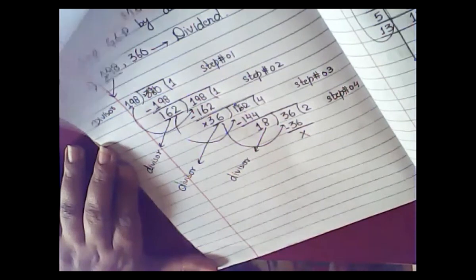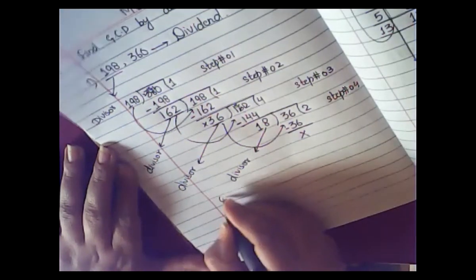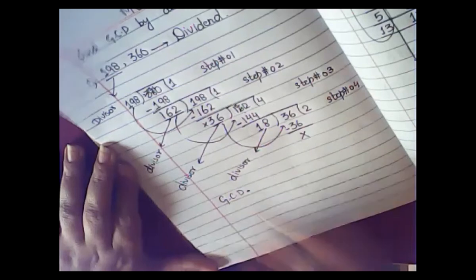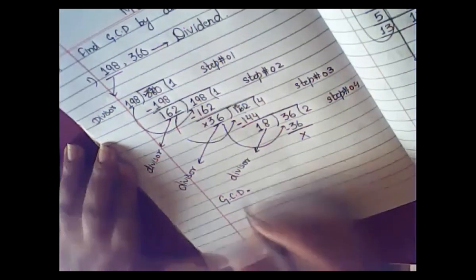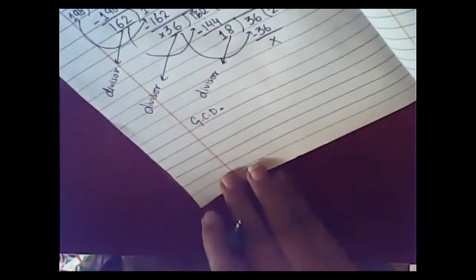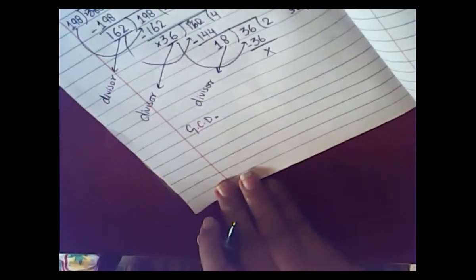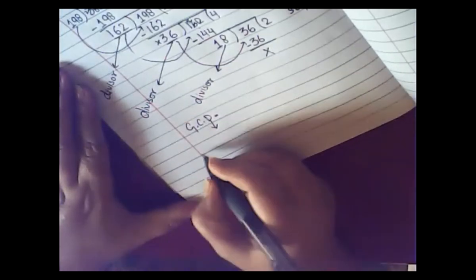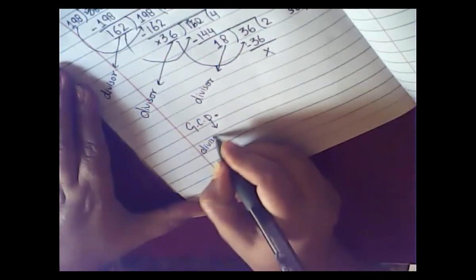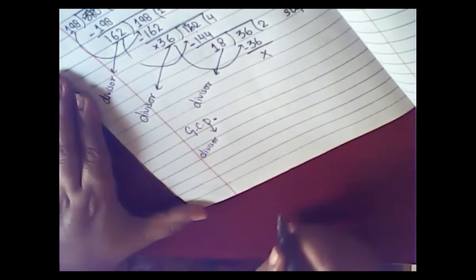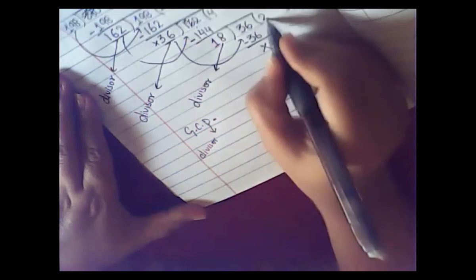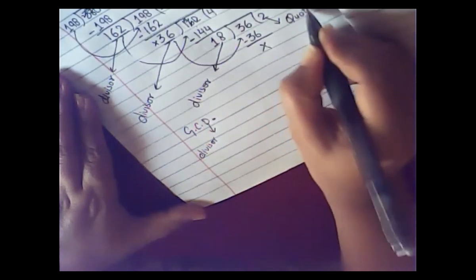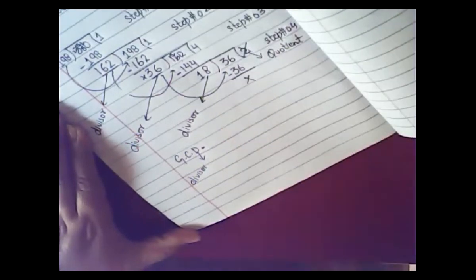Now you have to decide your GCD. So you will pick the divisor, because D means divisor. This is your quotient, and you have nothing to do with the quotient.